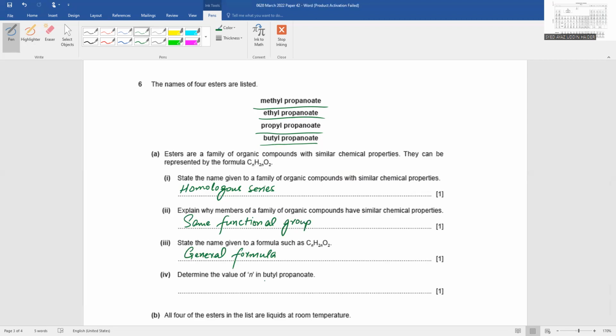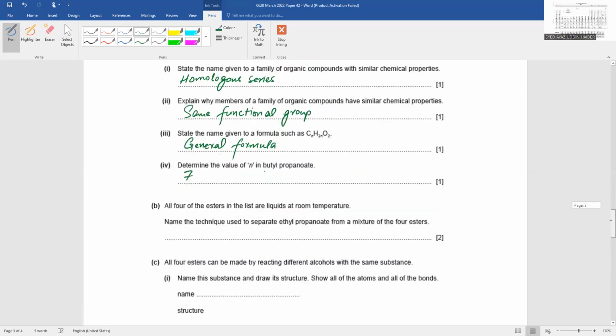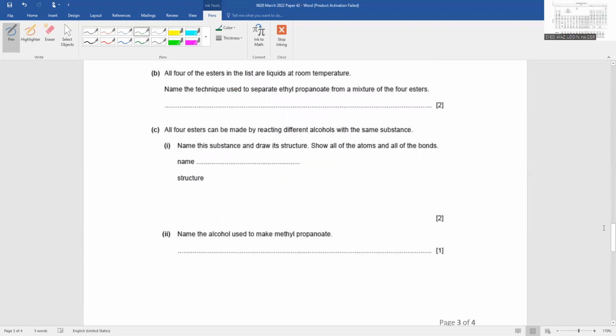So n should be 7. All 4 of the esters in the list are liquids at room temperature. Name the technique used to separate ethyl propanoate from a mixture of the 4 esters. Fractional distillation. Fractional distillation involves the separation of miscible liquids. They are miscible liquids.